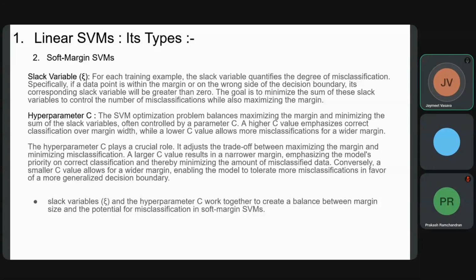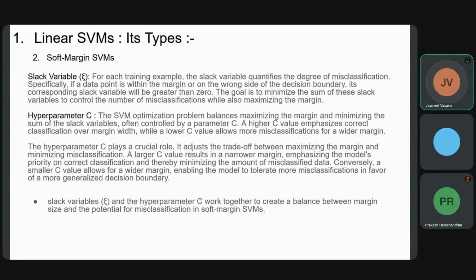Its corresponding slack variable will be greater than 0. The goal is to minimize the sum of these slack variables to control the number of misclassifications while also maximizing the margin. And the other thing is the hyperparameter C.